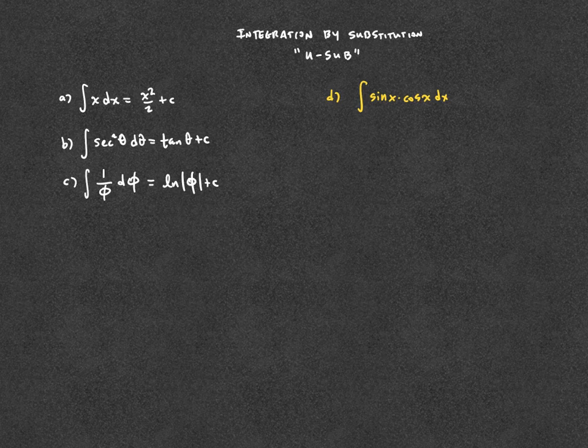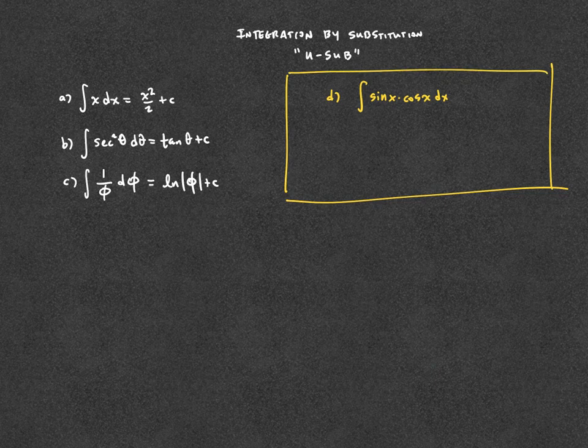So I'm going to take you through the why of integration by substitution, and then we're going to execute it on example D here. I'm going to leave myself a little bit of space for example D, which will require this method of substitution.